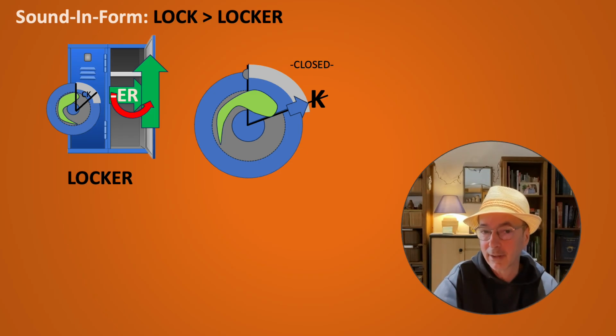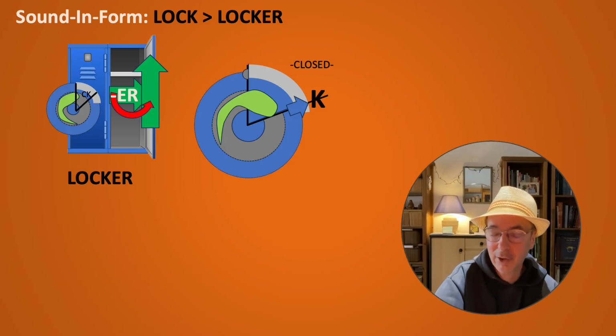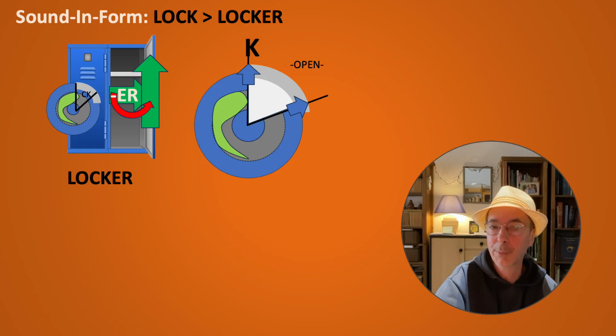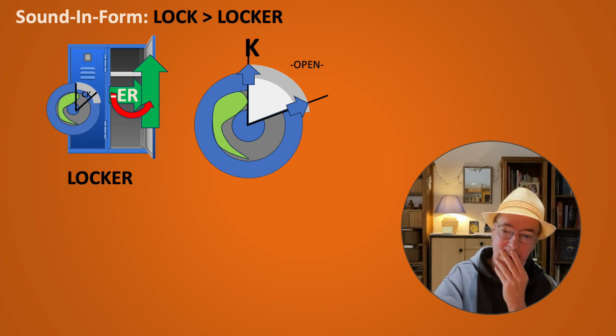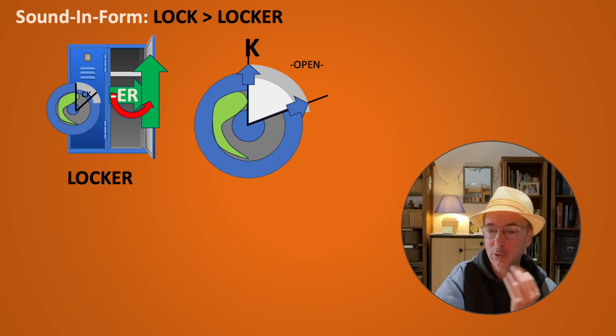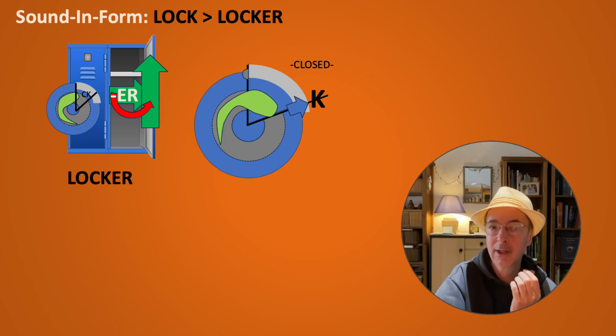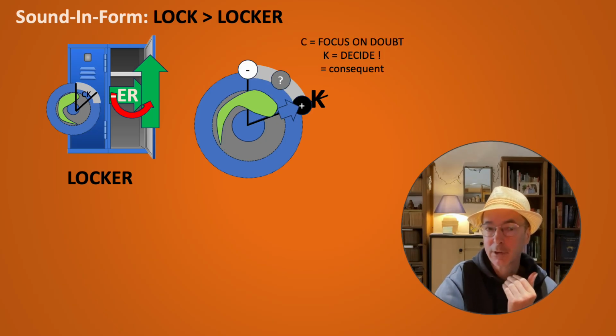But the K here has that option in the locker that you close it or you open it. That's that K. So you give this doubt. The K is about that first doubt in the diagonal, where you say, okay, but I'm not sure which of the options I could choose or should choose between closed and open.